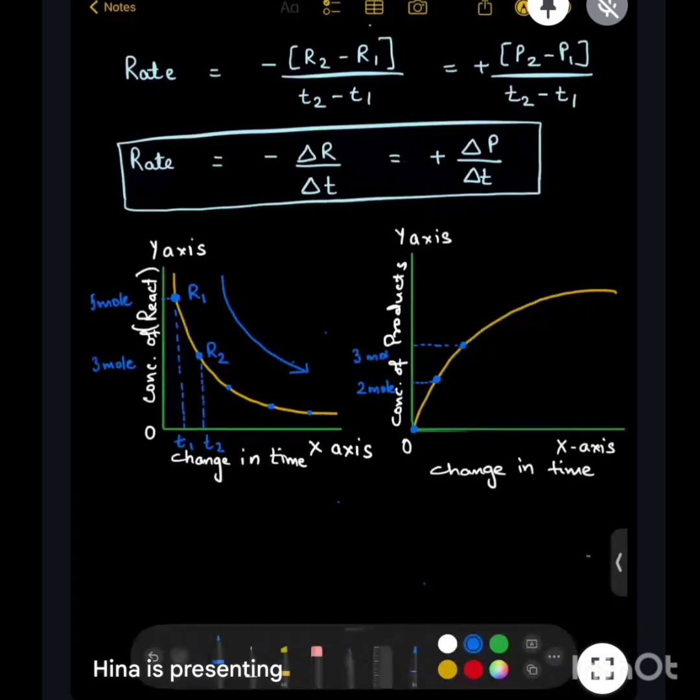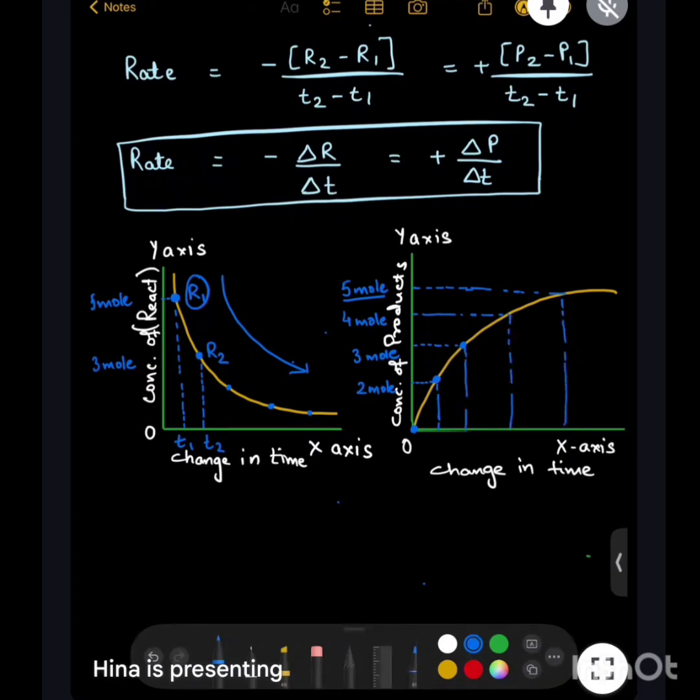Then further, it can be 5 moles. Once 5 moles of the product is formed, it indicates that the complete reaction has happened, as we have taken 5 moles of the reactant. And we know each concentration of the product has its own time lapse.